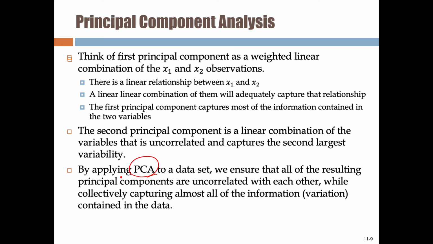By applying PCA, what we're going to get is that all the principal components are uncorrelated with each other. Even though I said uncorrelated, that does not mean the correlation is 0. But it will be a pretty small correlation, so we assume none of our principal components are correlated to each other.